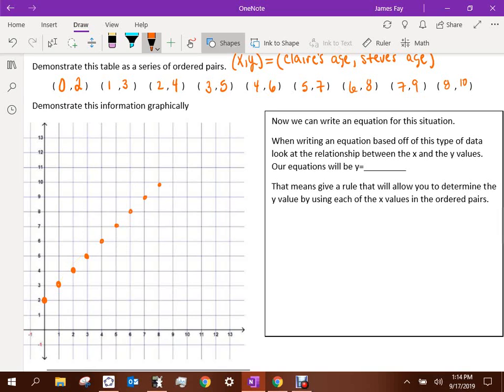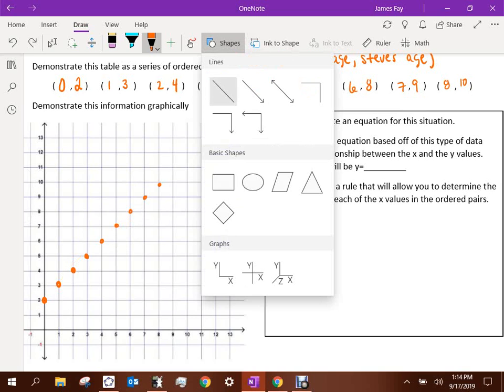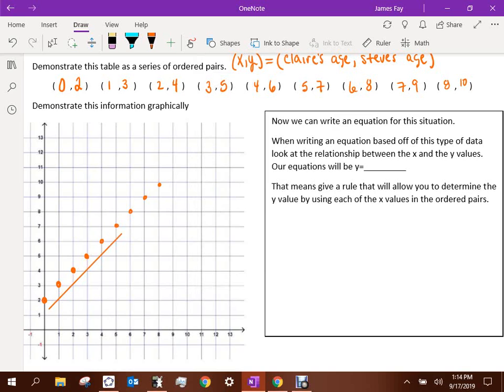There we go. All right, so we get that line, right?